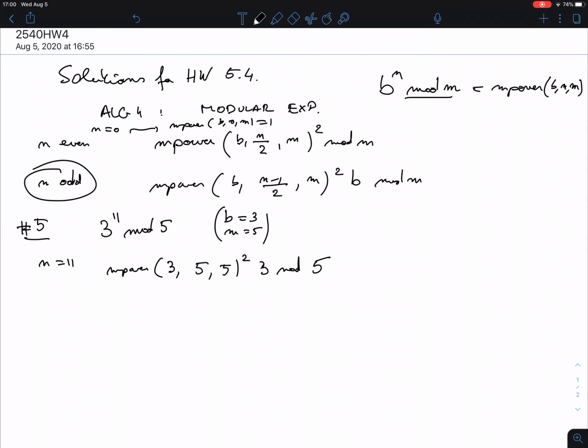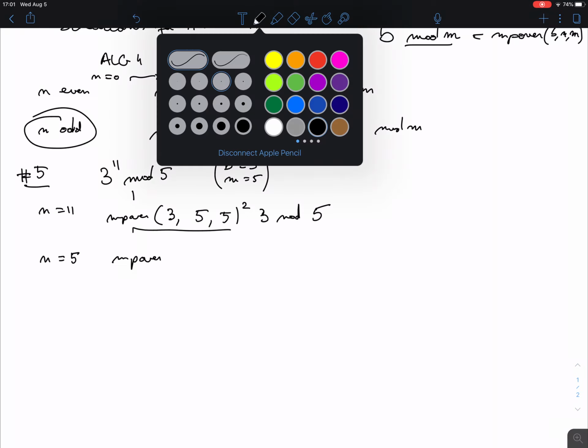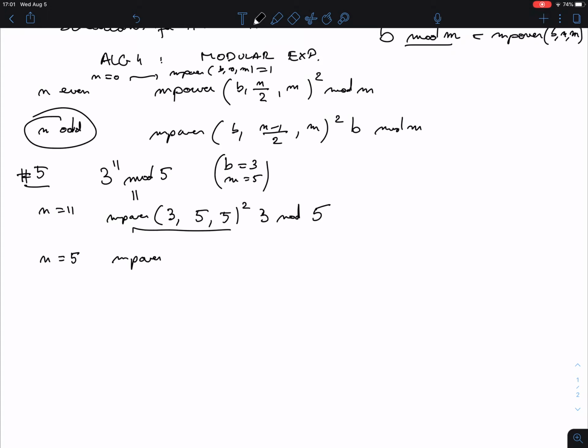Now, of course, we cannot calculate this because we don't know yet what this is. So we do it again, but now n is 5. We are again in the odd case, so now I'm calculating m power 3, 5, 5.